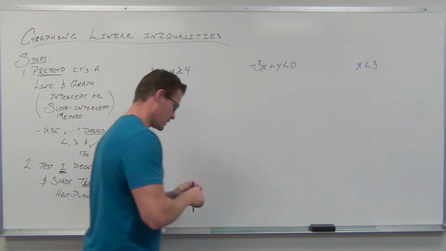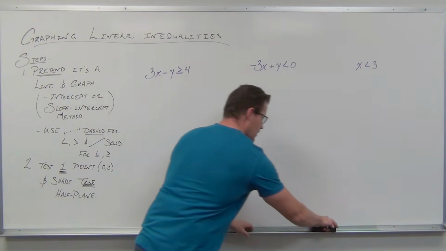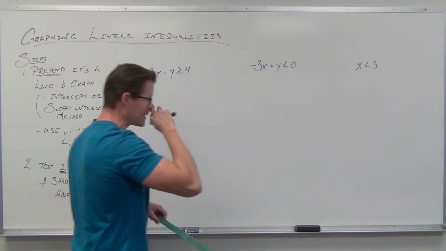So let's graph our lines. We know that all of our linear inequalities are based on lines, so we'll graph them all. And then we'll determine the half plane that represents the solution set for an inequality.